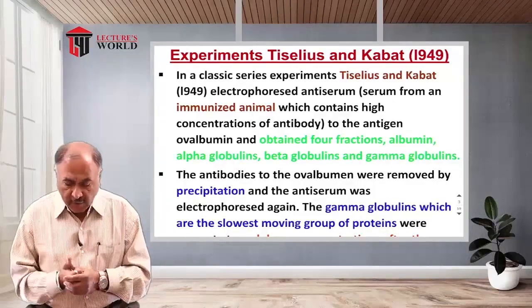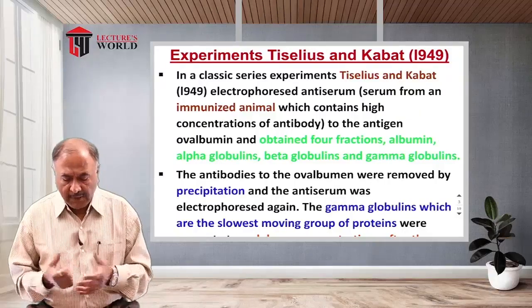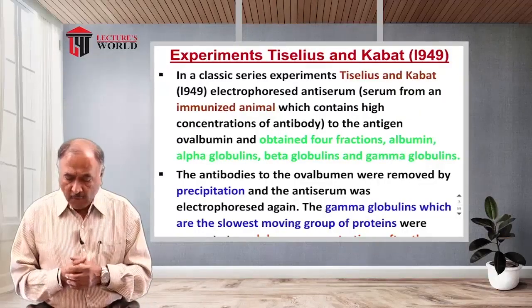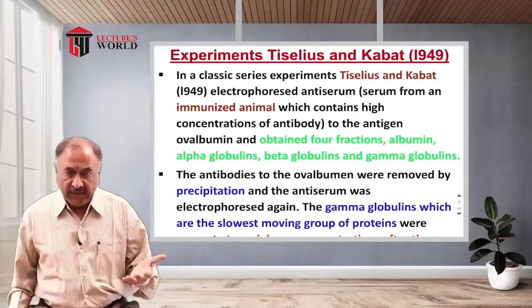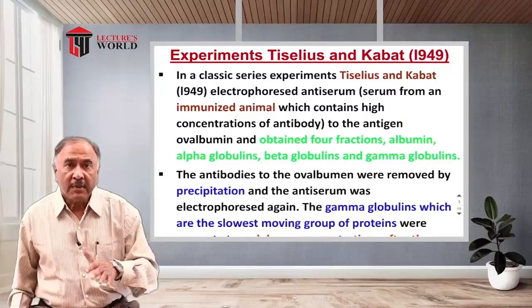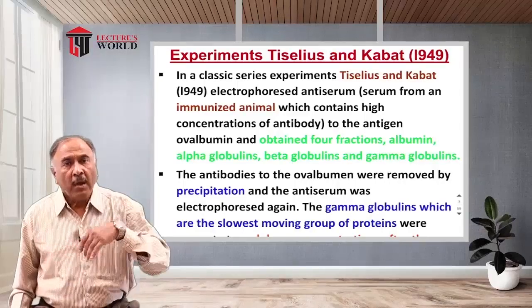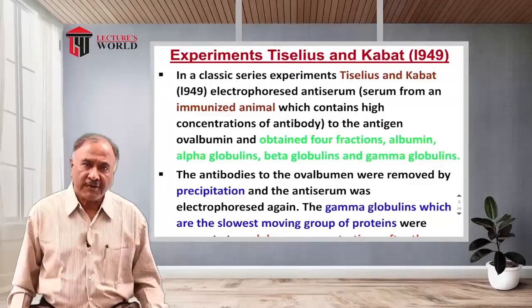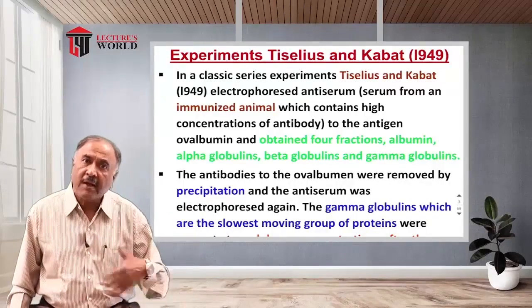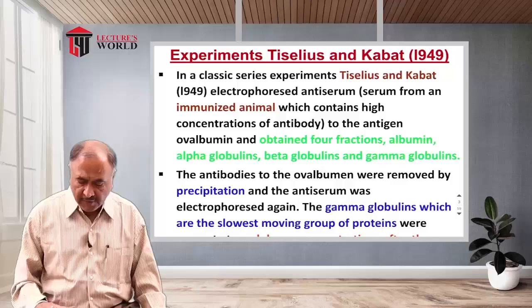What they did further was remove the albumin, ovalbumin, by precipitation, and then the antiserum was electrophoresed again. So the point is, they removed the albumin fraction by precipitation and then again performed electrophoresis.